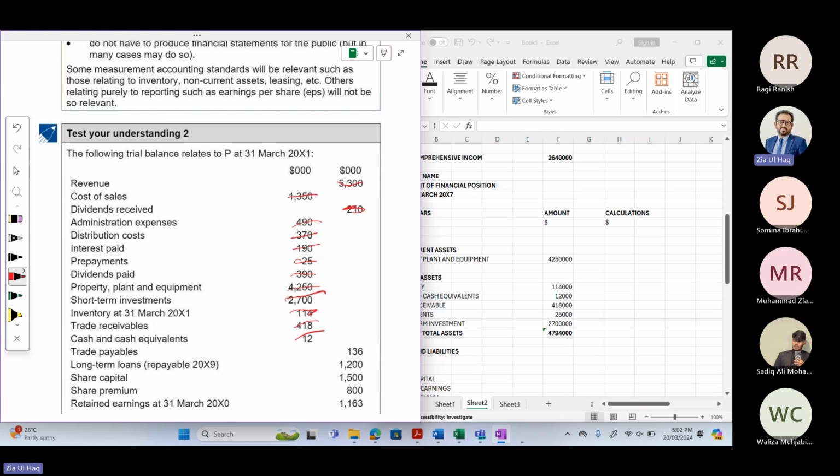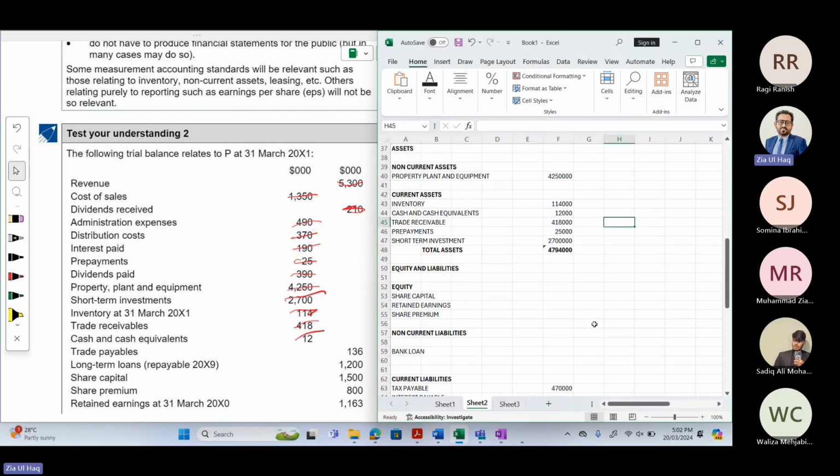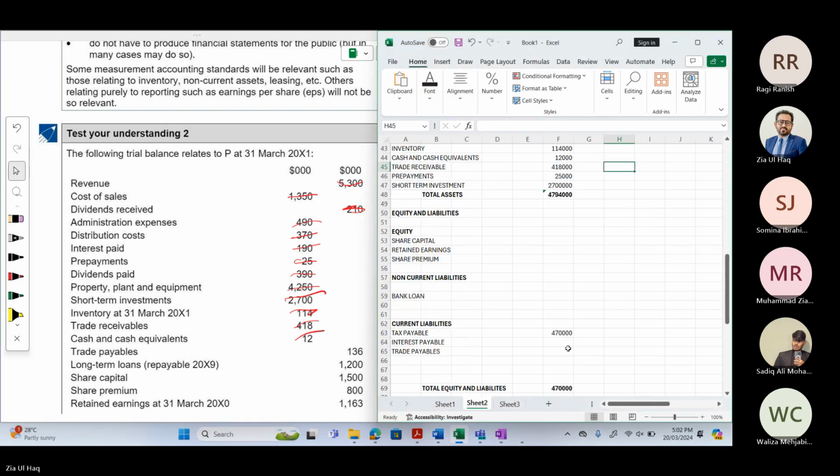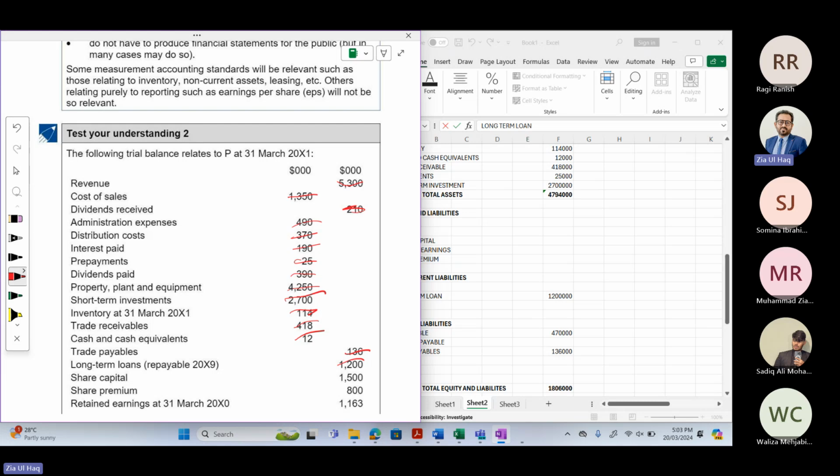Now trade payables, we have 136,000. Okay, what else? Long-term loan 1,200,000. This is not a bank loan, this is a long-term loan. Okay, this done, this done.